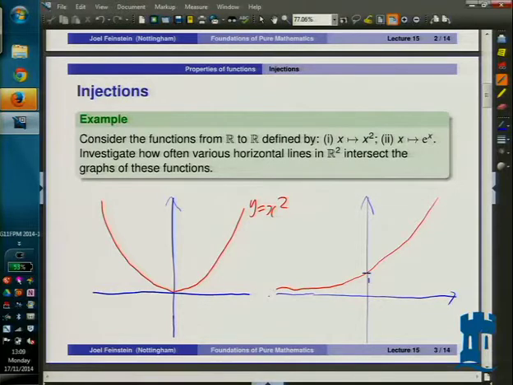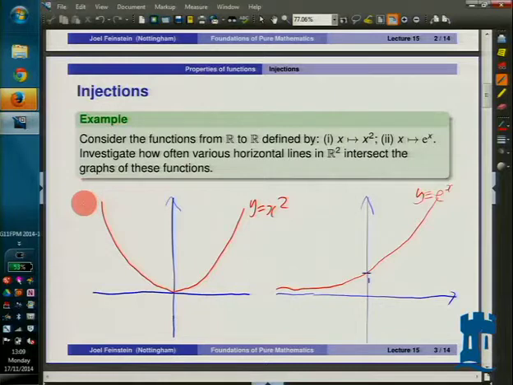Okay, so this is y equals e to the x. And now it asks about horizontal lines and how often do they cross these graphs, which is the key to figuring out what sort of properties your functions have got.